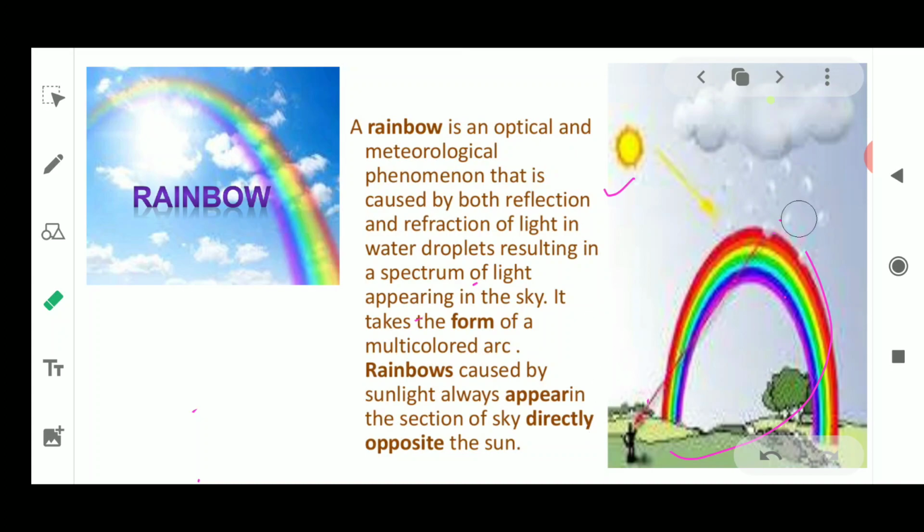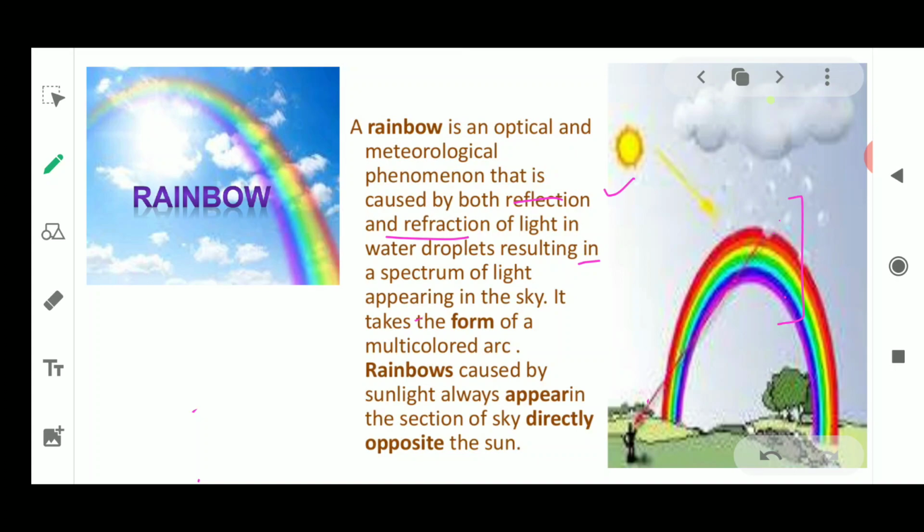It is because of two optical phenomena, reflection and refraction of light in the water droplets, resulting in the spectrum which appears in the sky. This spectrum appears in the sky in the form of the 7 colors which we saw in the dispersion of light through the prism, in the form of a multicolored arc.